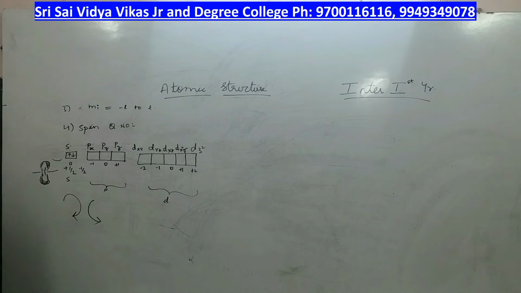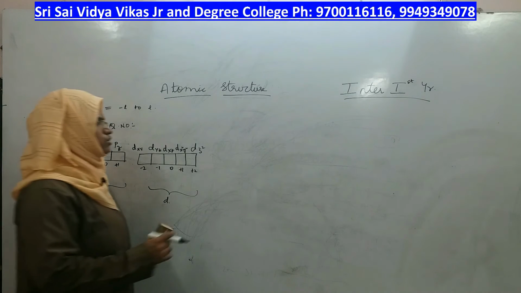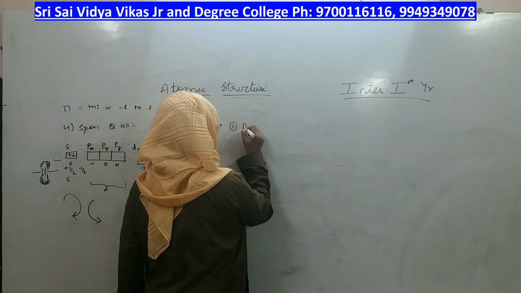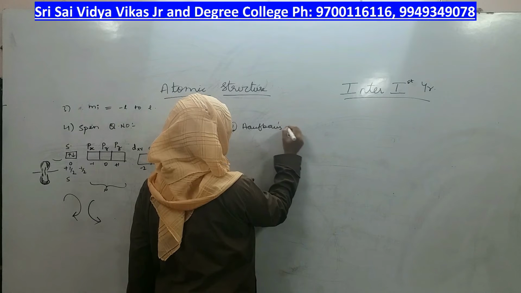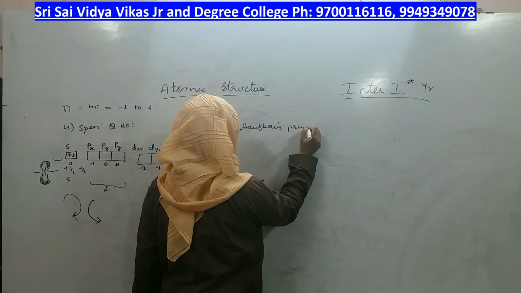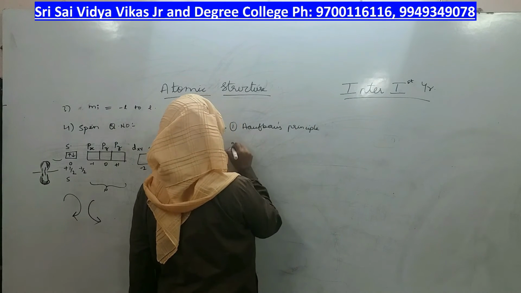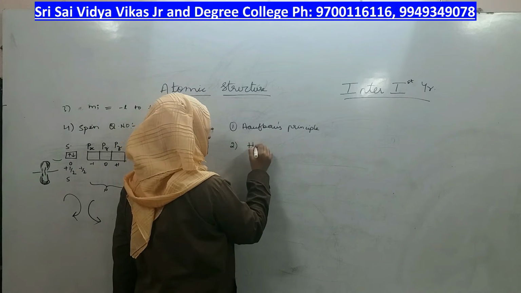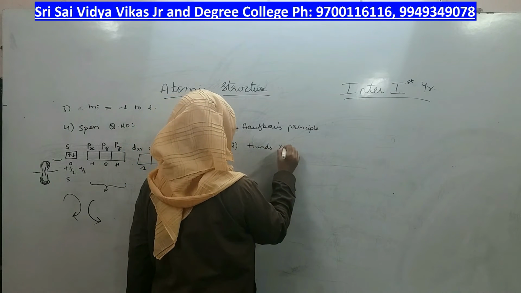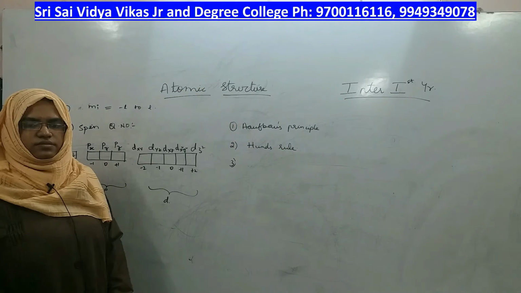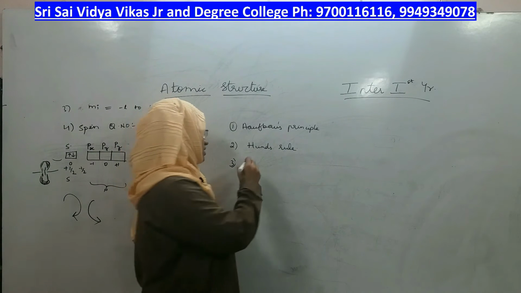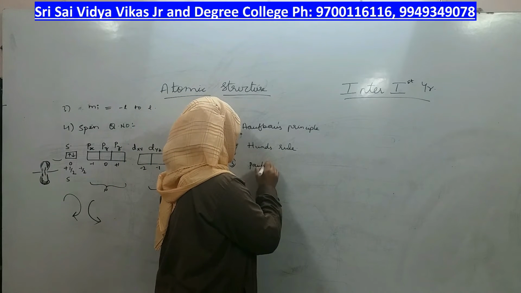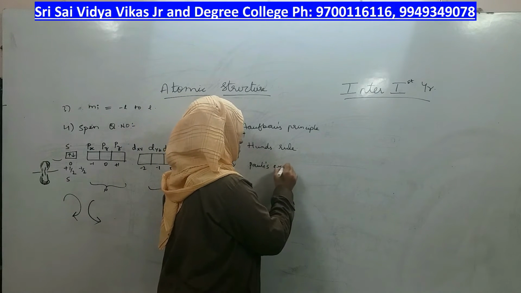There are some set of rules which you have to follow, right? And those rules are: first is Aufbau principle, second is Hund's rule, and the third is Pauli's exclusion principle.